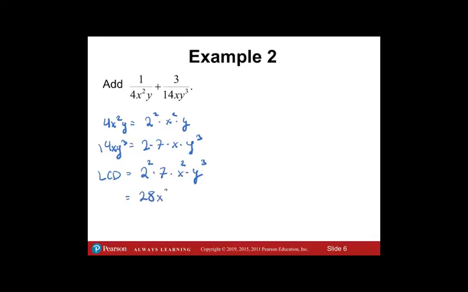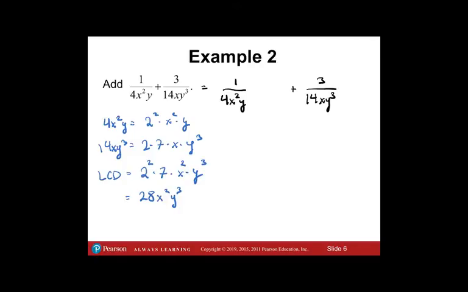So the LCD in this case is going to be 28x squared y cubed. What this is saying is that we can get both denominators to look like this. We're going to multiply each fraction by 1 in the appropriate form so that the denominators look like this. So let's start by getting a copy. We have 4x squared y under 1, plus 14xy cubed under 3. We want to multiply both fractions by 1 in the appropriate form so they finish with this denominator.